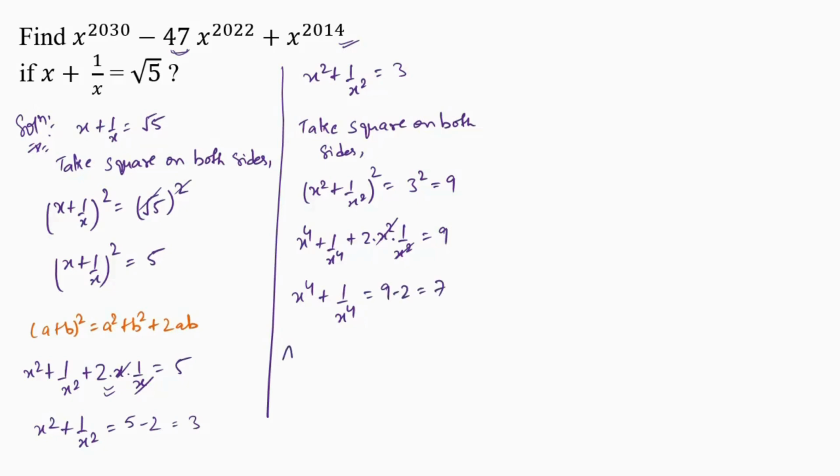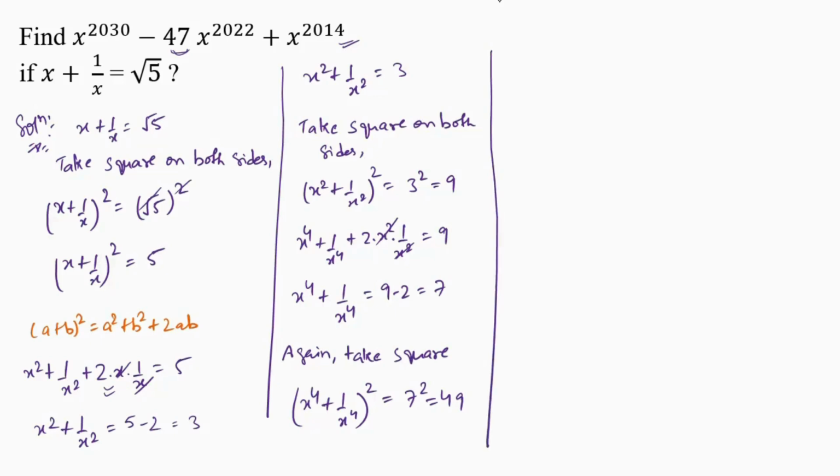Now again take square on both sides. We get x raised to power 4 plus 1 over x raised to power 4 whole square equals 7 square, that is 49.